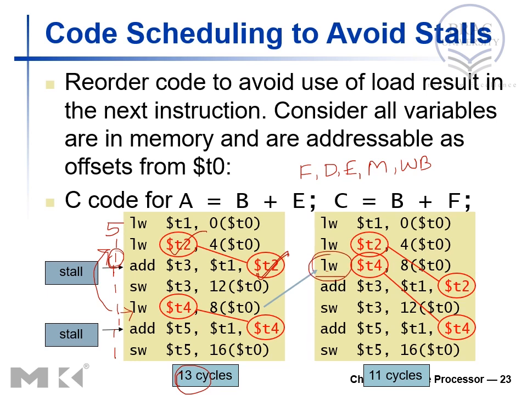If we do that, then this one would take 5 clock cycles, this one 1 and 1, and then this one, this is 1, this is 1, this is 1, and this is 1. So how many clock cycles do we need? 5, 6, 7, 8, 9, 10, 11. We need 11 clock cycles when we rearrange the instructions. That means we could save 2 clock cycles.